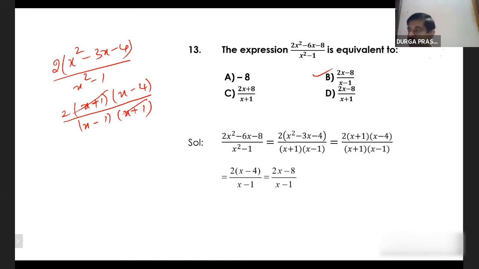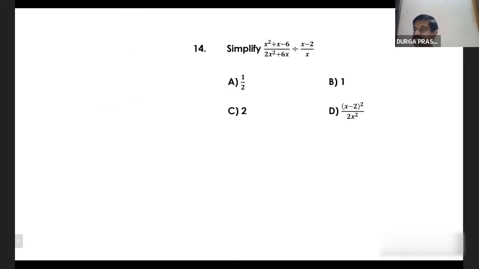Okay, children, let us go to the next question. Let us see what is there. Simplify. See, whenever a problem of this nature is given, what I'll do is I'll change the division to multiplication sign. So division to multiplication means numerator changes to denominator and denominator changes to numerator.